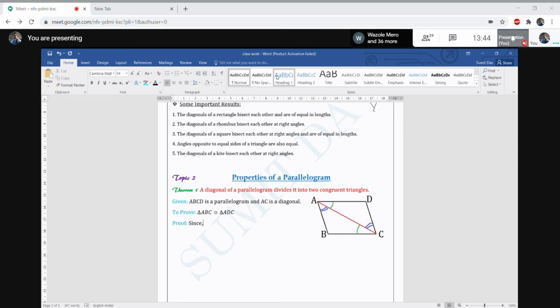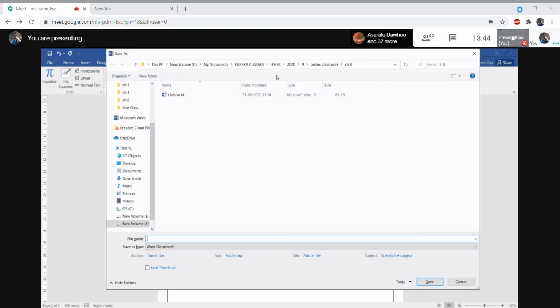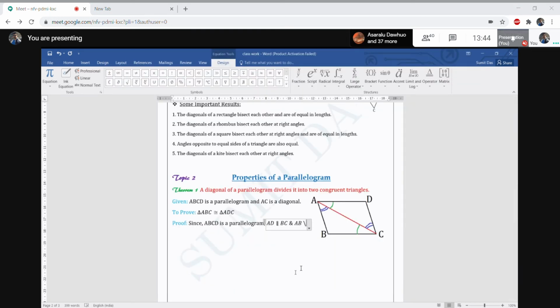Since ABCD is a parallelogram, then AD is parallel to BC, and AB is parallel to DC.